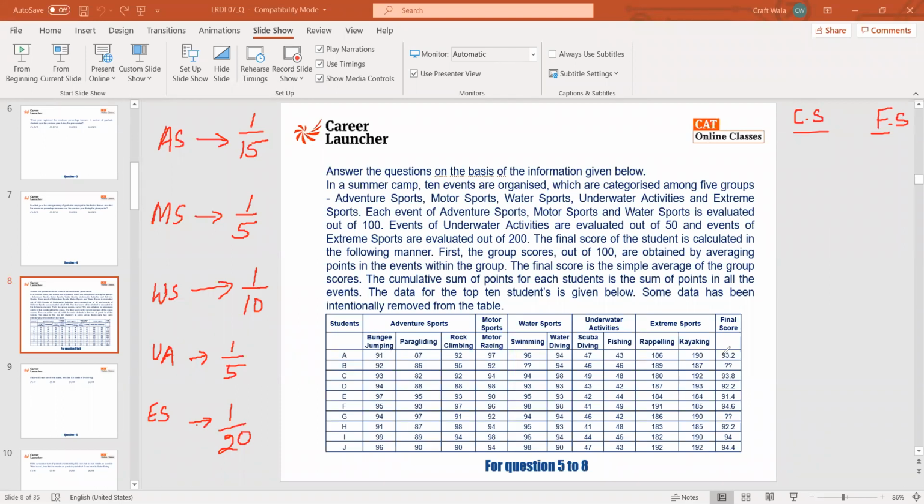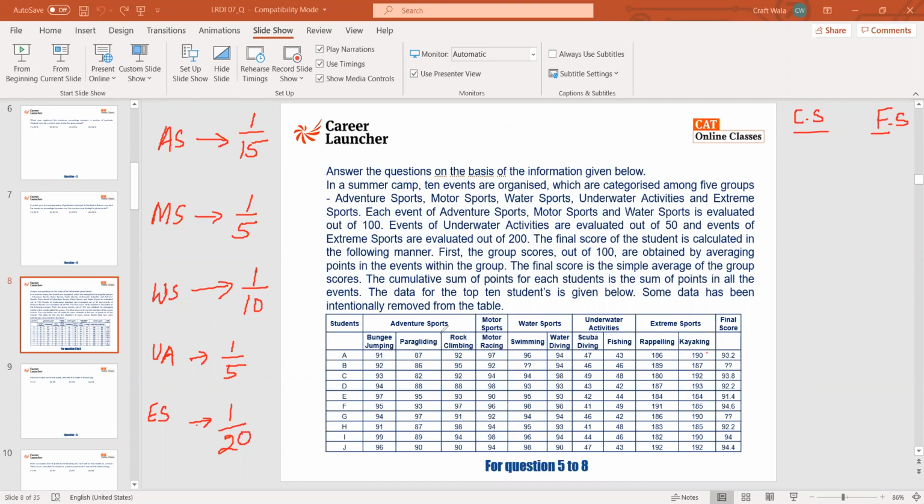The points that you get here are called your final score. We just said if I give you 1 point in bungee jumping, your final score will change by 1 by 15. Or can I say, if I give you 15 points here, then your final score will change by 15 times 1 by 15. Your final score will increase by 1.